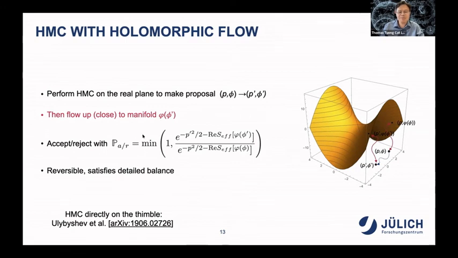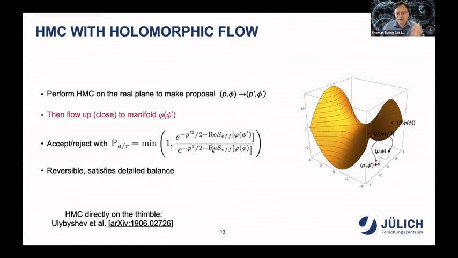And then we accept with the effective action in this manner here. There are intricate issues related to ergodicity and so forth, but if you take care of these things, one can actually show that this procedure is completely reversible because the flow equations are invertible, and therefore satisfies detailed balance. And this is the method we choose here.